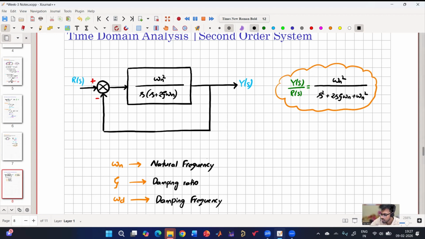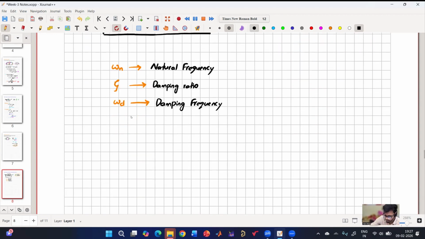Now zeta can have different values. Based on zeta, we'll see what the system is called. There are 4 cases.